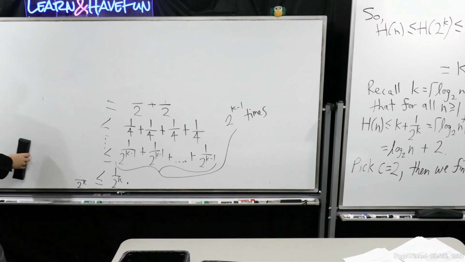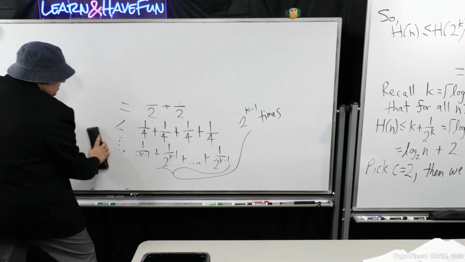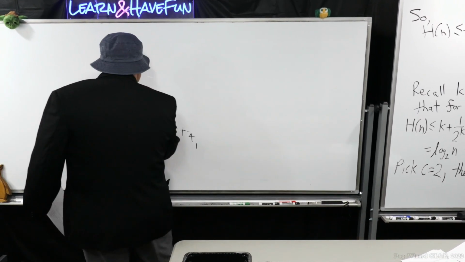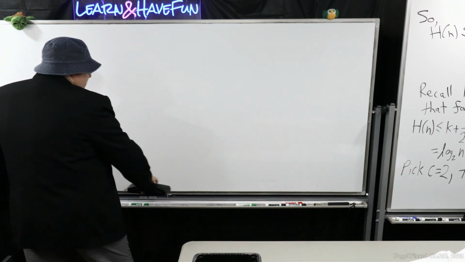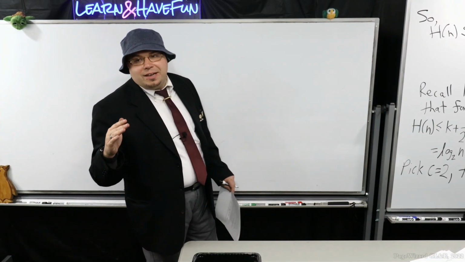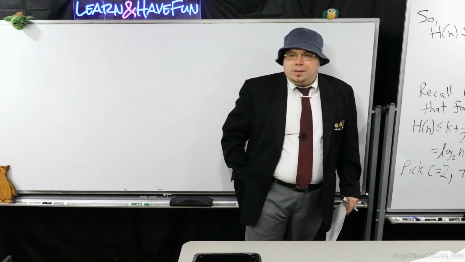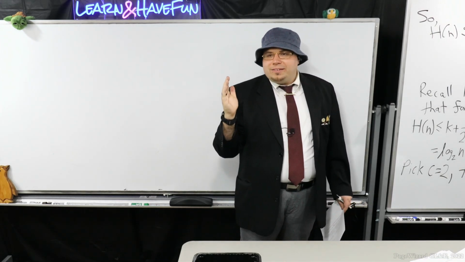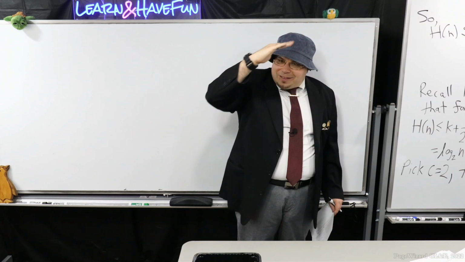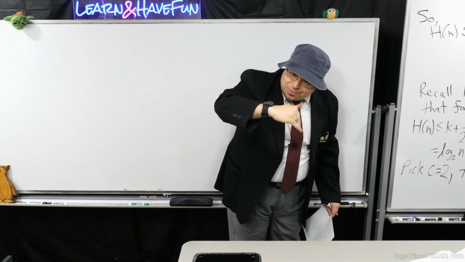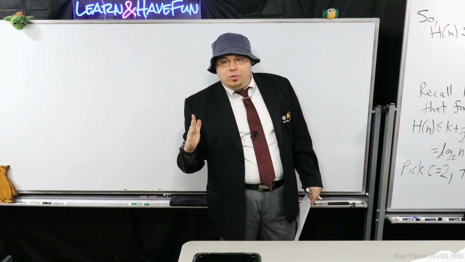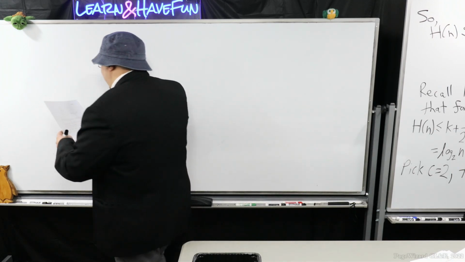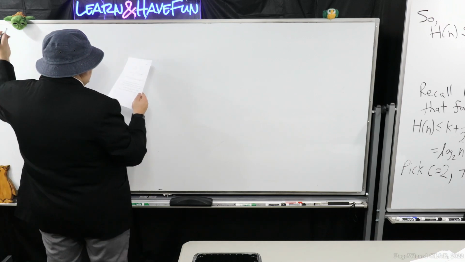It seems like a pretty reasonable thing for me to presume. Now, if you're not sure what I mean by increasing function, if I plotted this out in a chart, the shape of a logarithmic function will look something like this, but it always goes up. It doesn't plateau. It doesn't go down. If I look at its chart, it only goes up. That's what we mean by an increasing function.